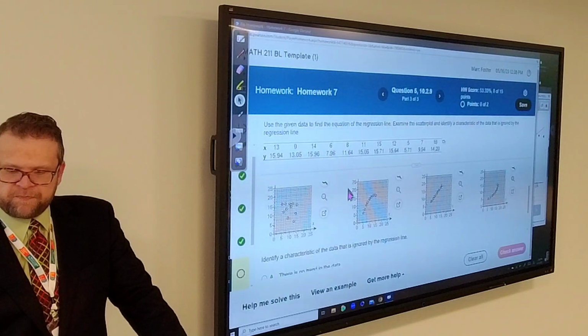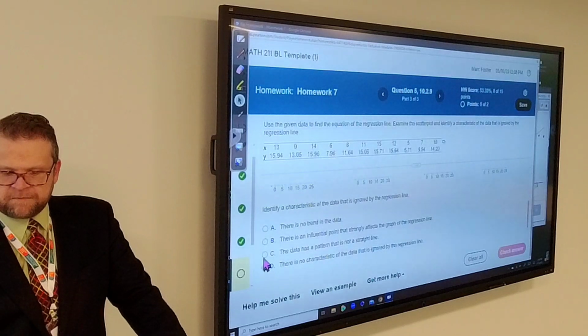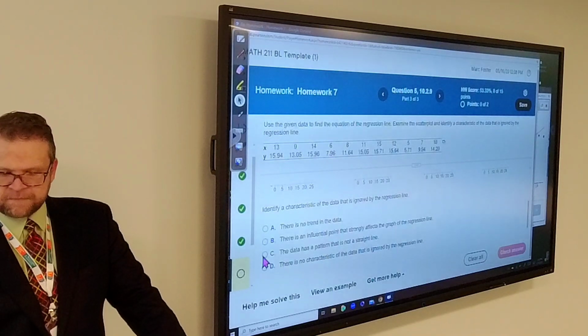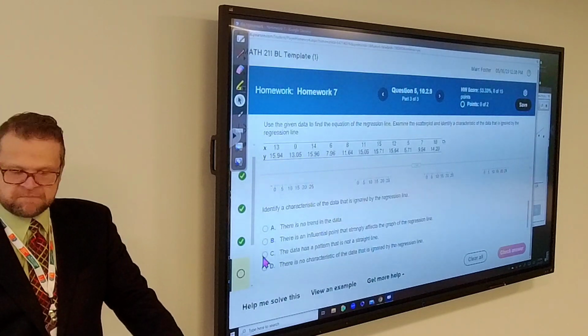Identify the trend. The data has a pattern that is not a straight line.